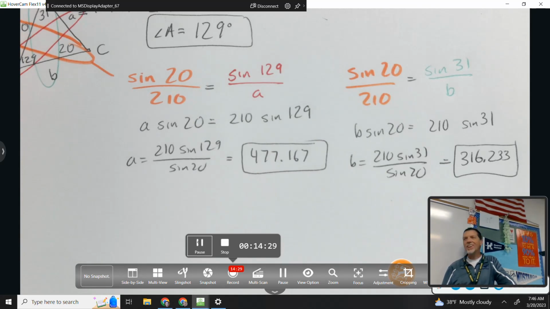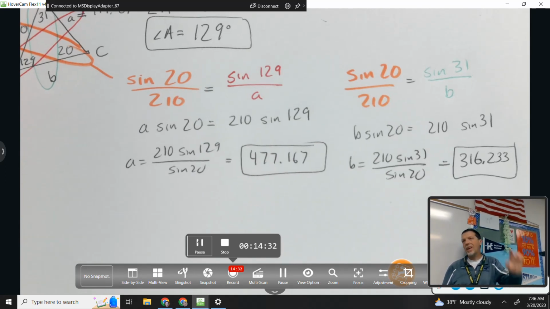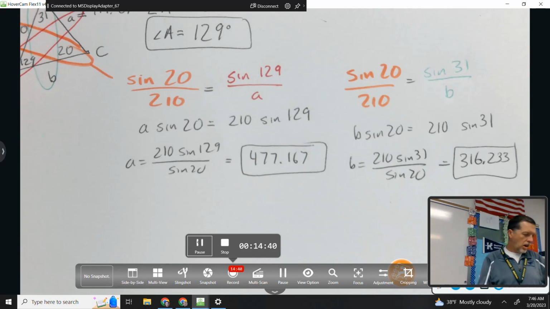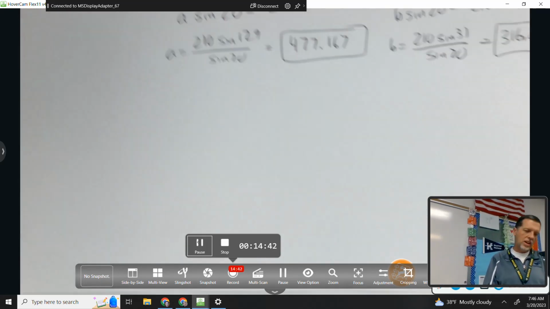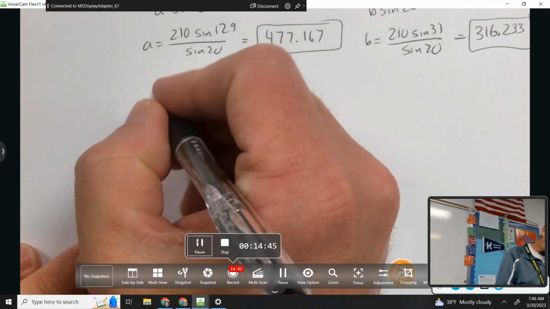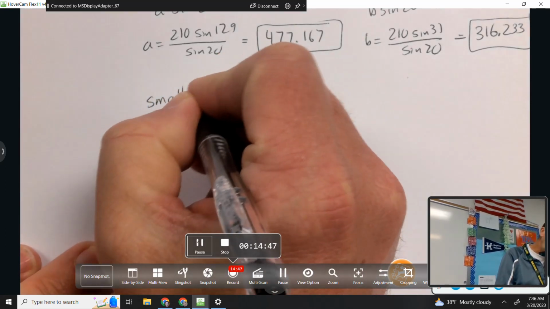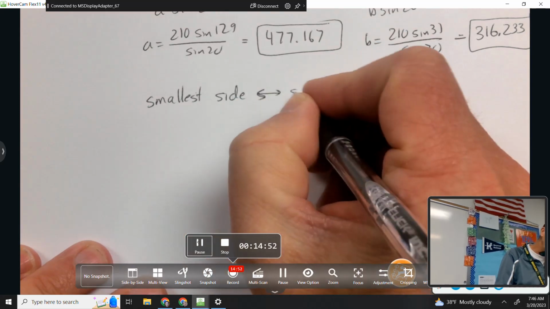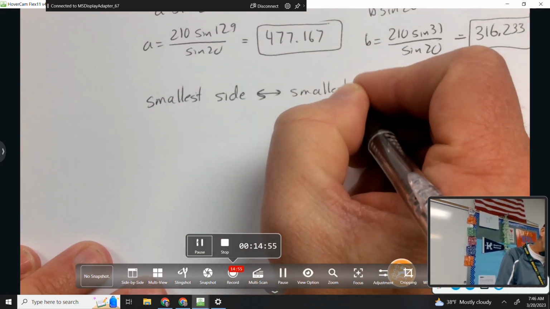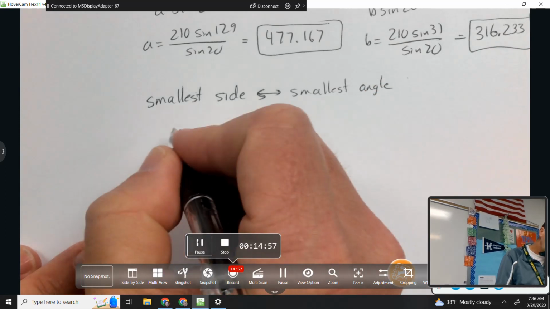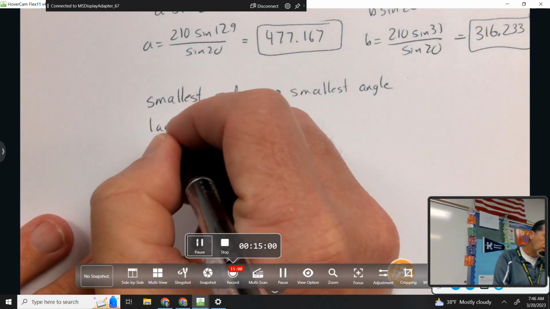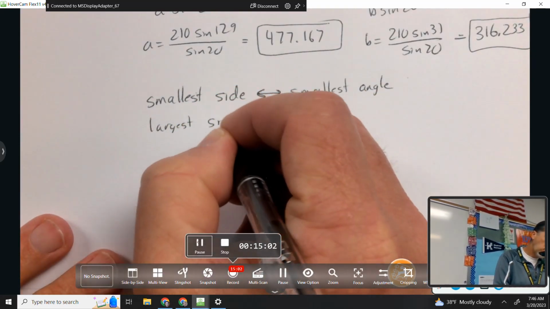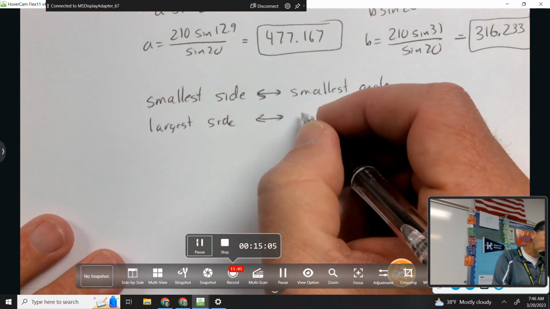So that's law of sines. Not really that hard. Find an angle side pair that you know. Start with that, and then set it equal to one of the others, and then set it equal to the other one. There is a little bit of a check. It's not a foolproof check, but when you get to the end, the smallest side should be across from the smallest angle, and the largest side should sort of pair up with the largest angle.